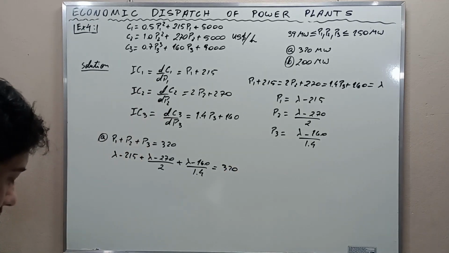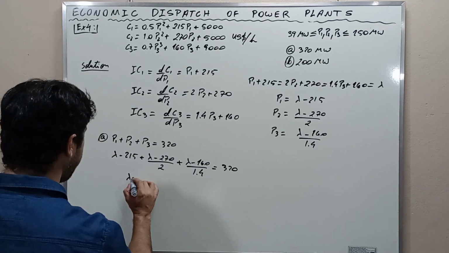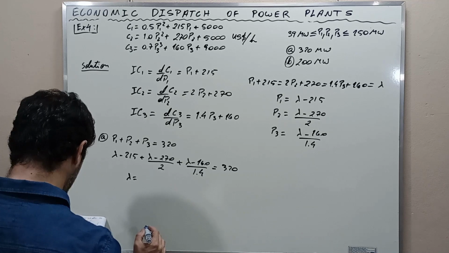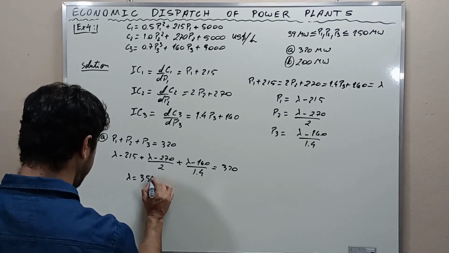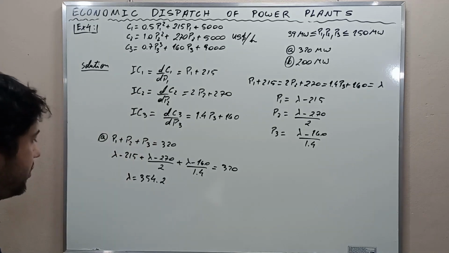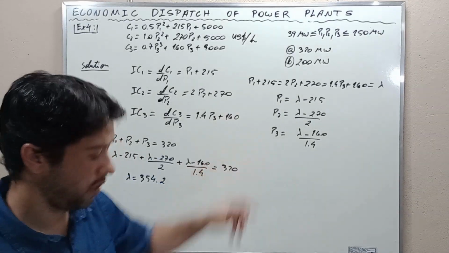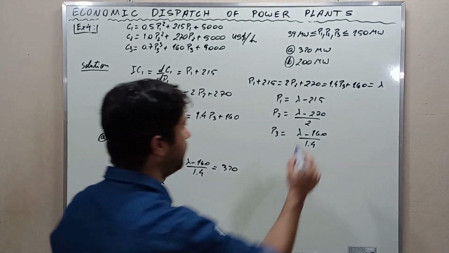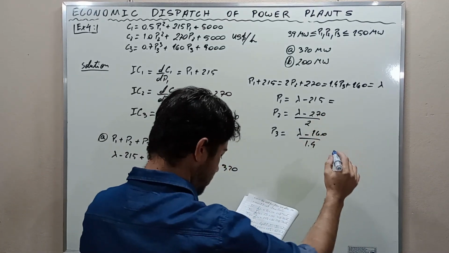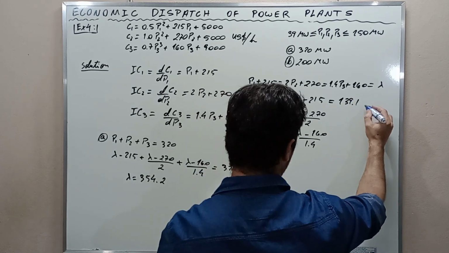And we find a value for lambda equal to 354.2, okay? And if we substitute this here, we find that P1 is equal to 139.1 megawatts.